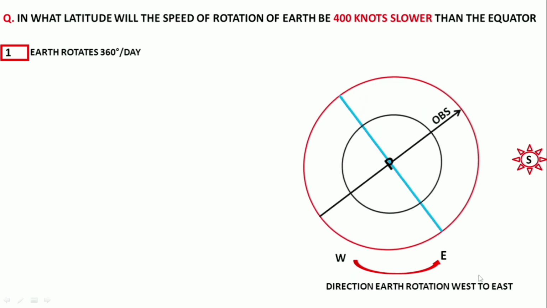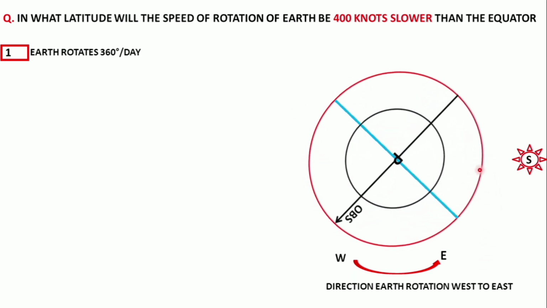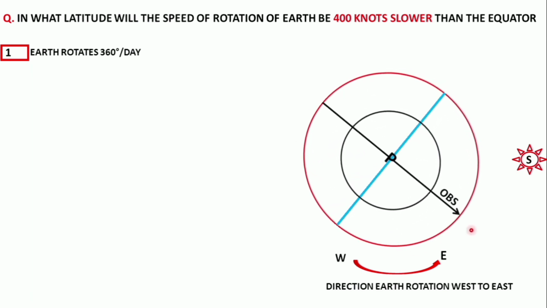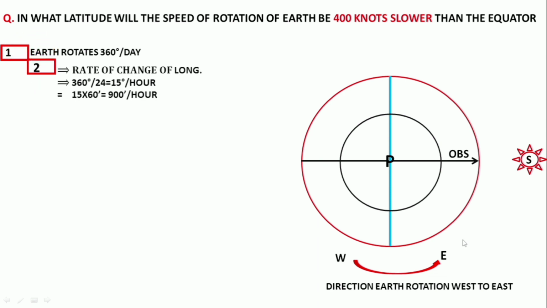So in a day, the Earth moves west to east and takes a turn of 360 degrees to be back here. So the amount of longitude she has covered is 360 degrees in 1 day, and the rate of change would be 15 degrees per hour, which in minutes is 900 minutes per hour.